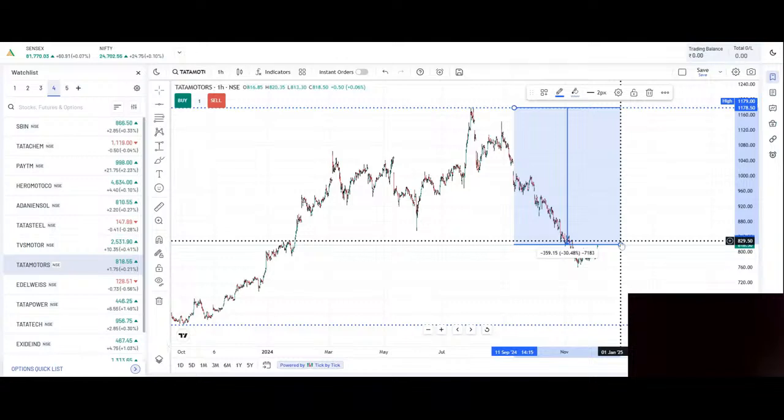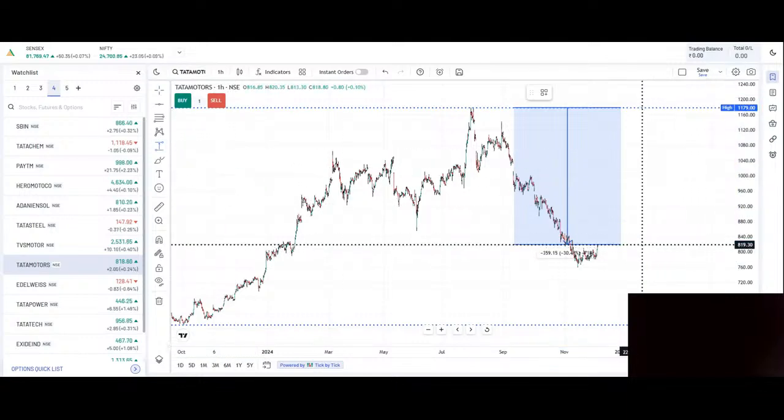So if somebody enters Tata Motors right now, the target which I am forecasting for Tata Motors is not less than 1600. Even if it goes to 1200 from here, I think the profit percentage would be somewhere close to 40%. Let's see.